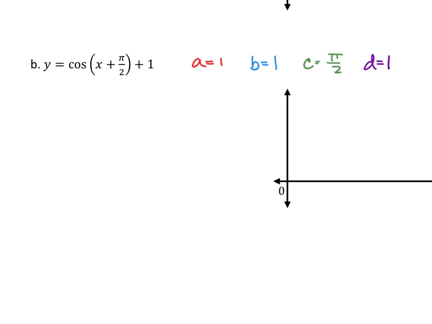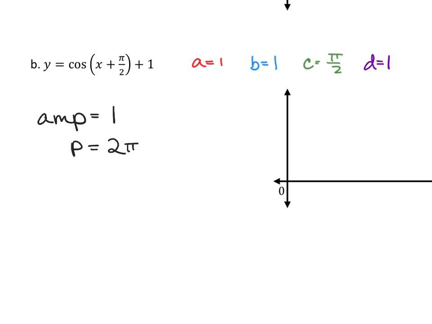Okay. So we start by looking for the things we look for. Amplitude is first. Amplitude is the absolute value of A. So what's the amplitude of this graph? 1. We want the period. The period is 2 pi divided by B. So the period for this graph is still 2 pi, because 2 pi divided by 1 is 2 pi.